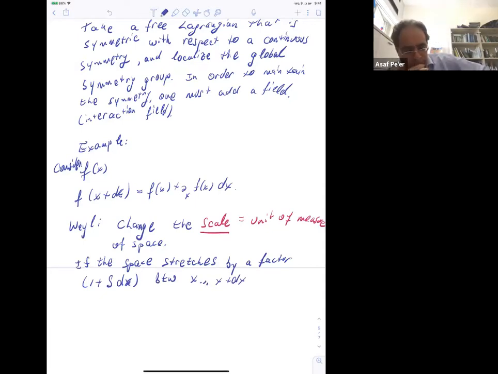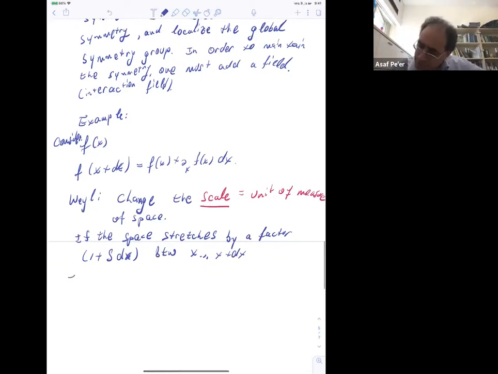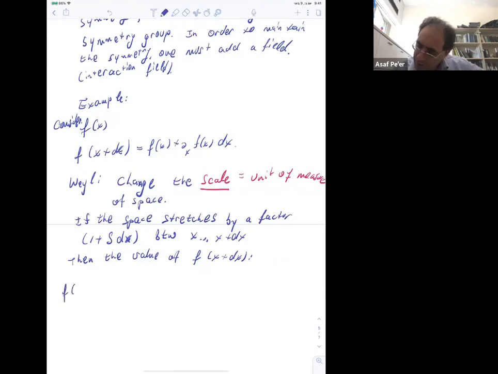Then the value of f at x plus dx is now f of x plus the derivative of f times the stretched space, 1 plus s dx.